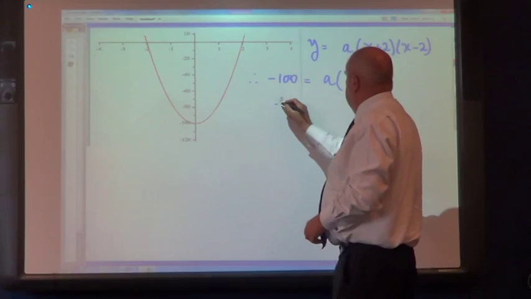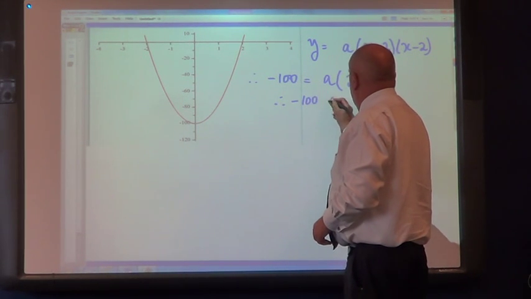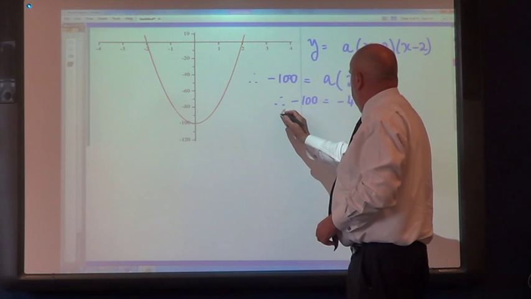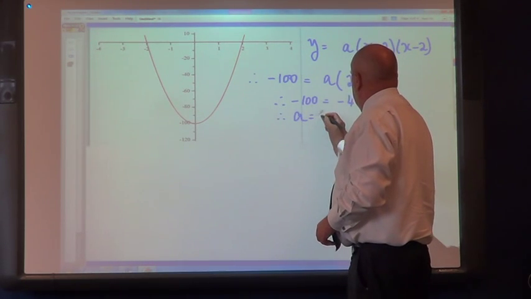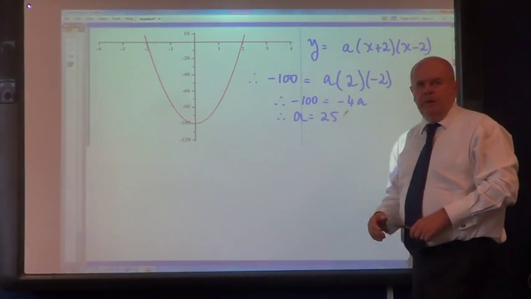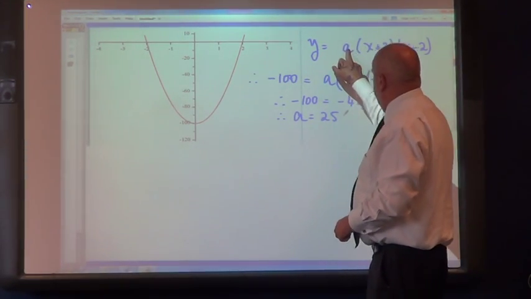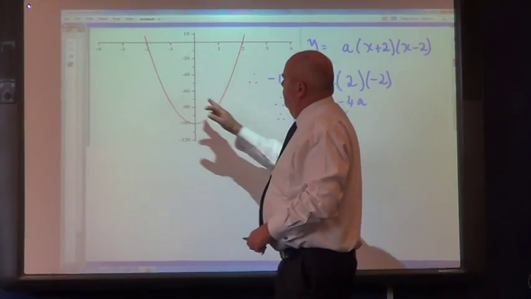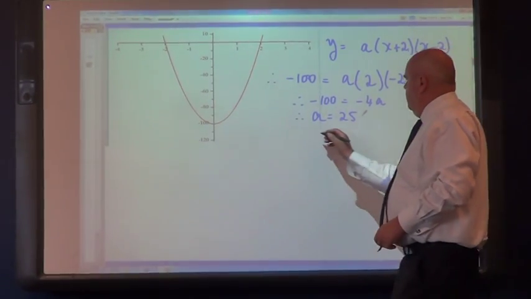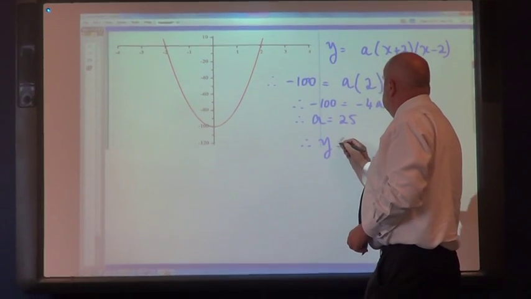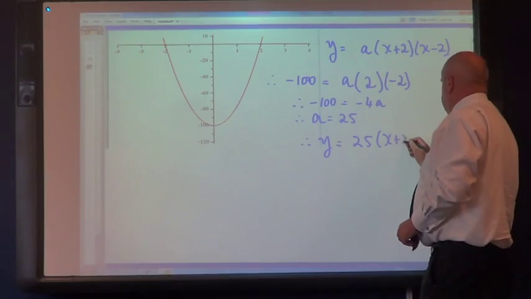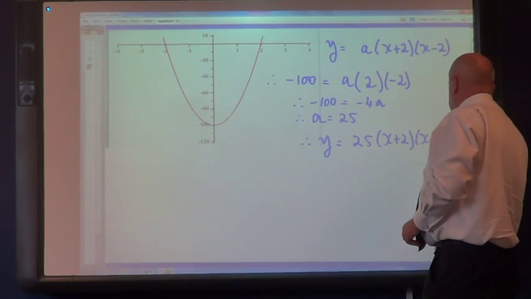You can probably see quickly enough that -4A will equal that, therefore A equals 25. Positive in this case, which is what we'd expect. If we've got a positive A, we're going to have a U-shaped parabola. So that means that the equation of our parabola is y equals 25, x plus 2, x minus 2.